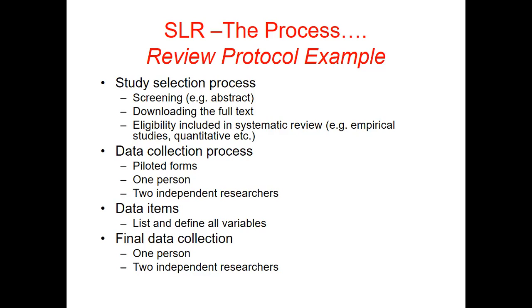Data items: list and define all variables that you are trying to study. You can quantify them in a table. Then final data collection. How many people are involved? One person, two independent researchers. Of course, this is not primary data collection. This is secondary data collection, specific data from the literature review. Okay?